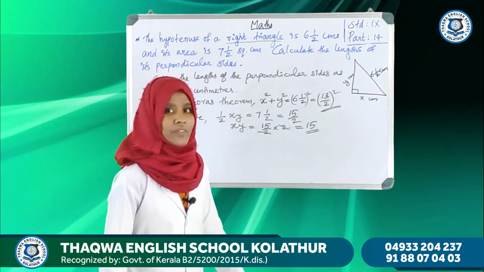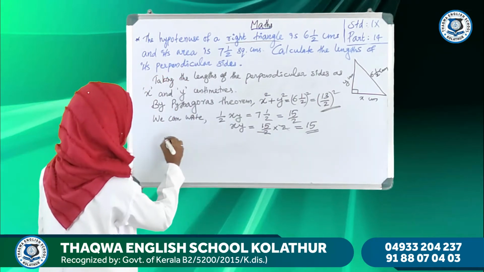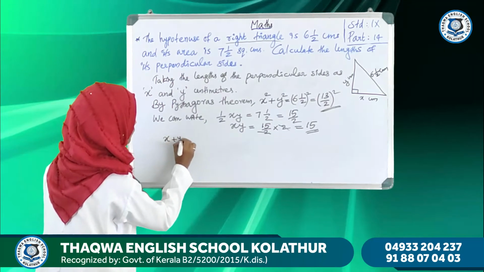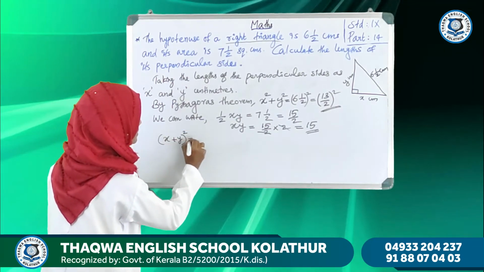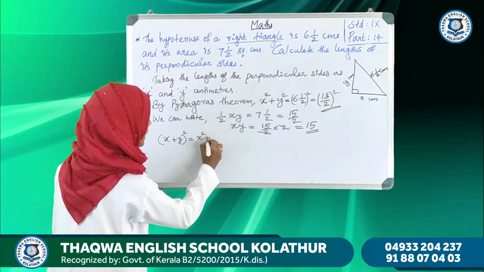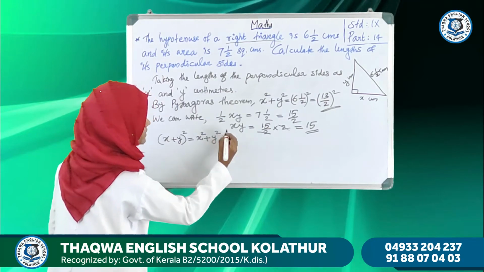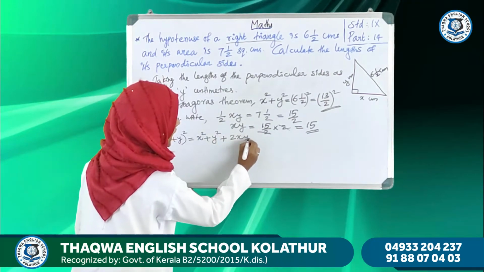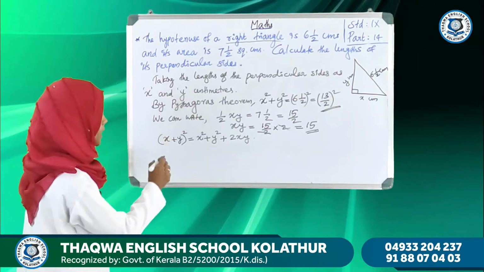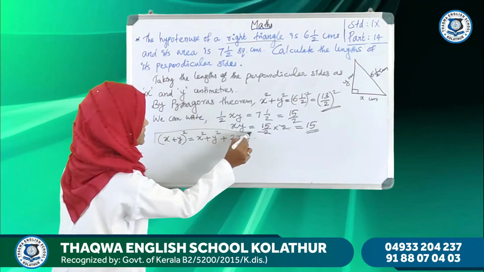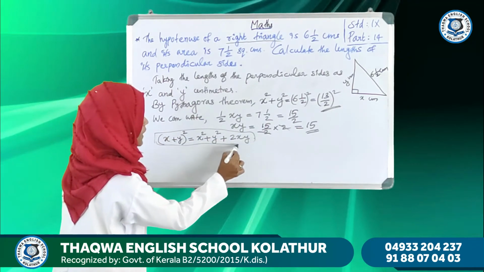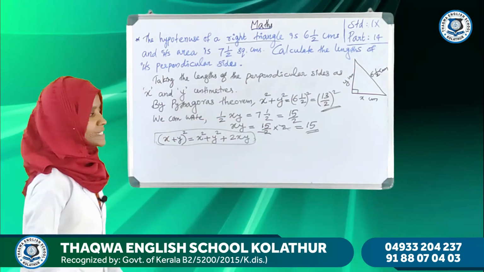How? Yes, let us use our identity. X plus y whole square is x square plus y square plus 2xy.